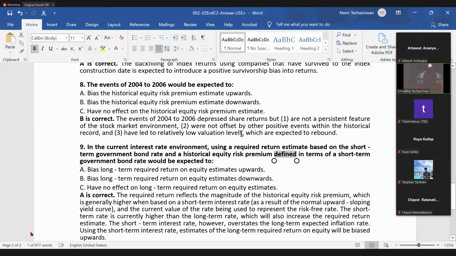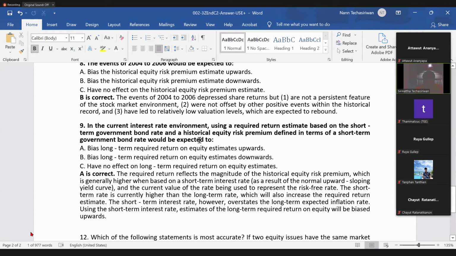They asked you, in the current interest rate environment, using a required return estimate based on the short-term government bond rate and a historical equity risk premium defined in terms of the short-term government bond rate, what would you expect it to do?